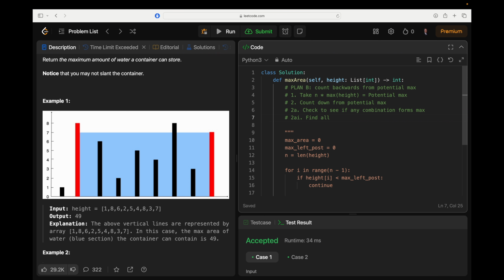Find all factors of max. 2aii. Check all possible pairs with that distance.